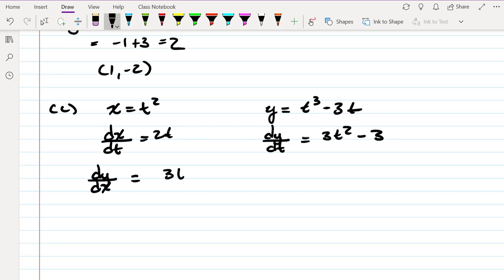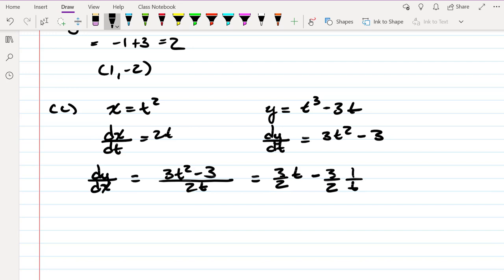So we have (3t squared minus 3) all over 2t, which is our first derivative. So then we can break this up a little bit if we wish to: 3t over 2 minus 3 over 2 times 1 over t.